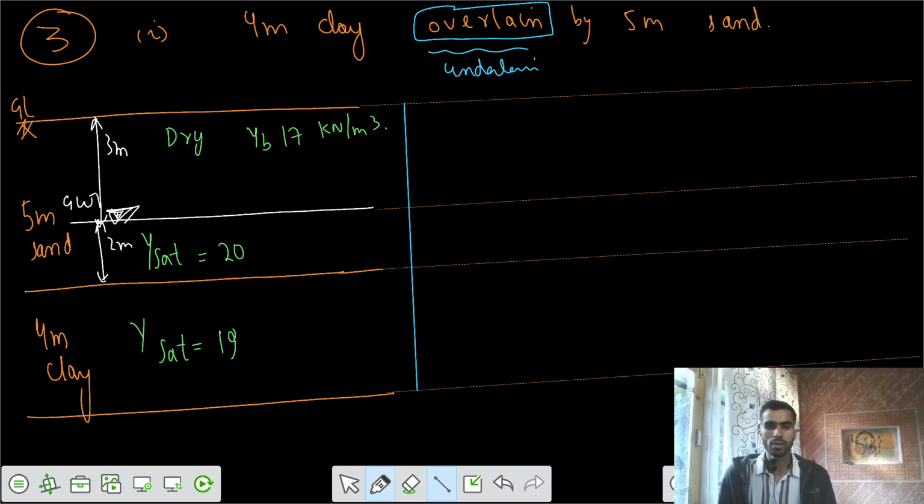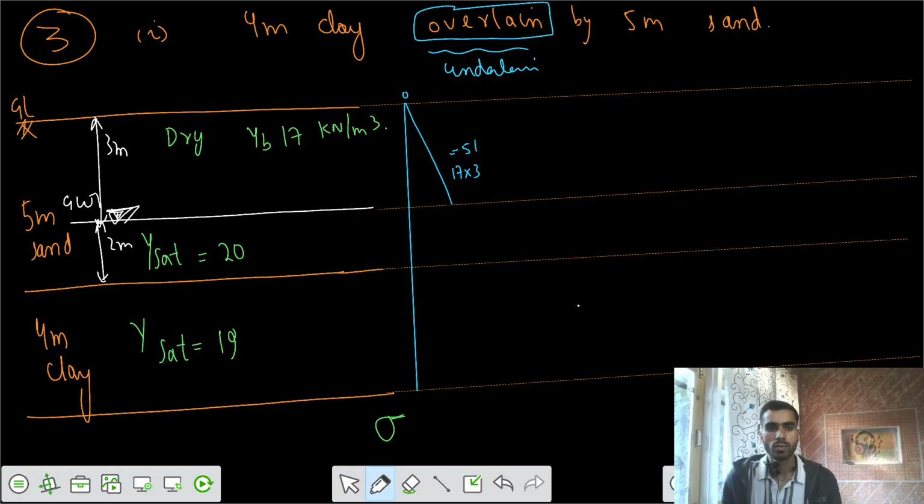That's the total stress diagram. At the top, the stress is zero, because there is no weight above that level. After that there is a linear increase of 17 into 3. So at this location we have 17 into 3, that is 51, gamma bulk into 3.